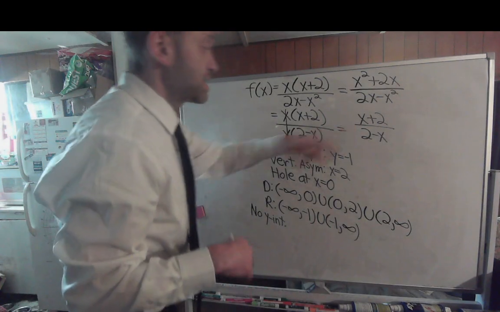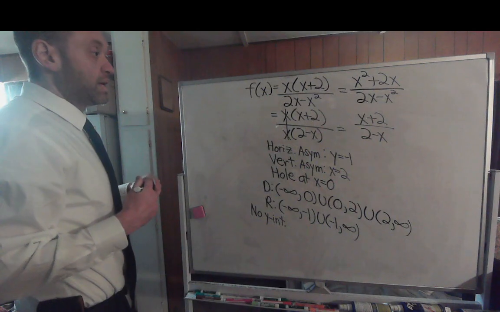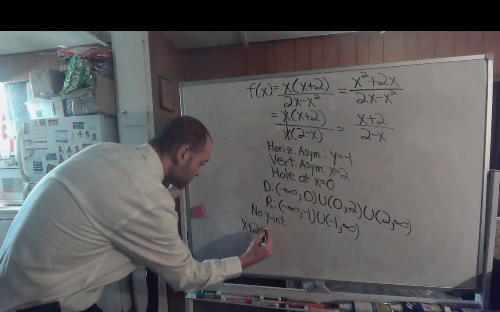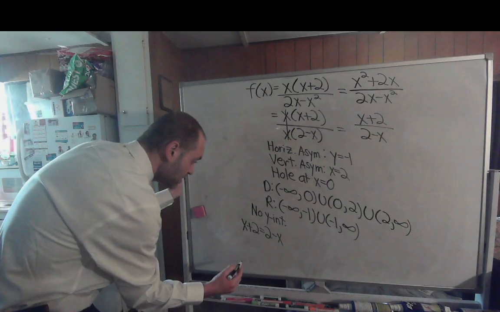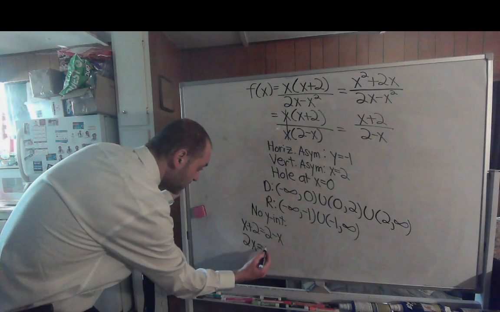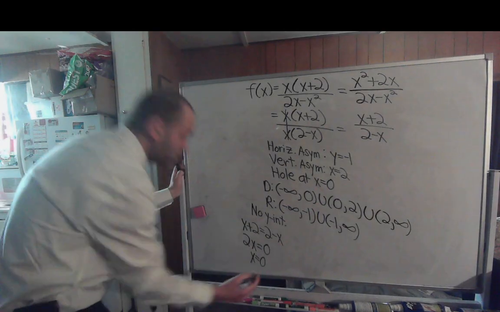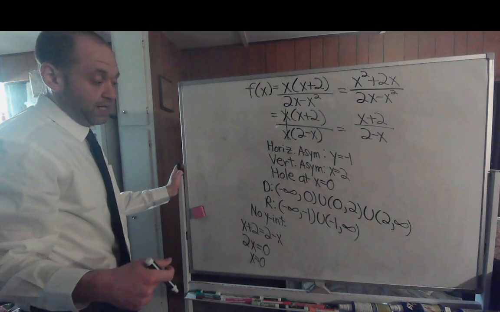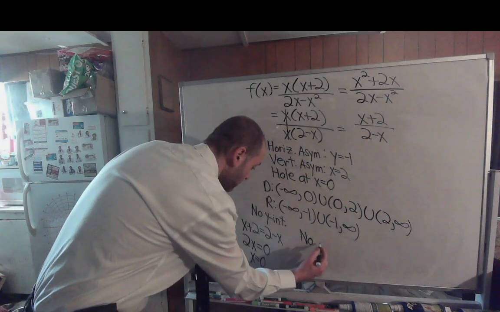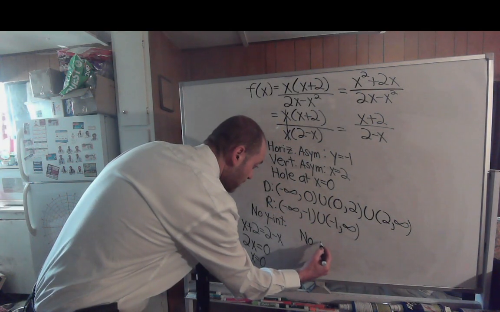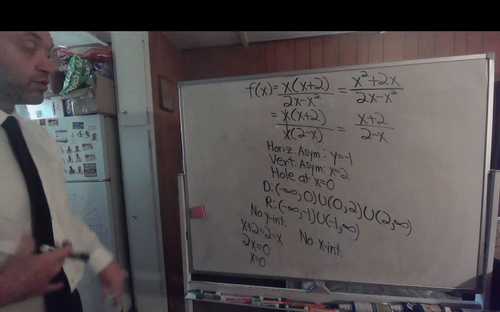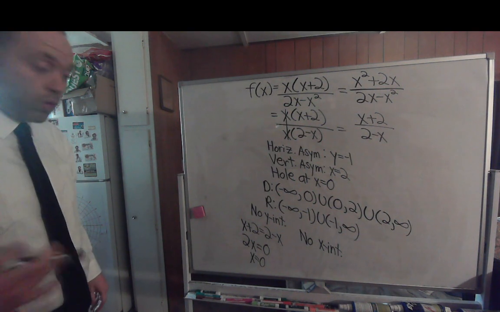You can go ahead and set x plus 2 equal to 2 minus x, which would give you then that 2x equals 0. You would also get that x equals 0. That would be a discontinuity because there's a hole at x equals 0, so there are going to be no x-intercepts in this case. So truly, we have no x-intercepts or y-intercepts.